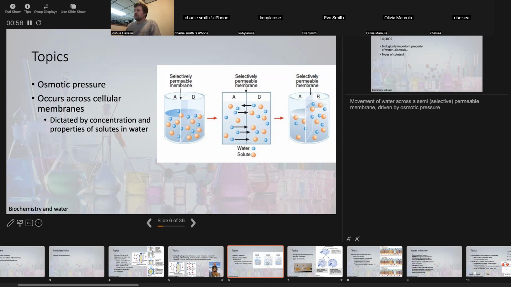So in our little cartoon here, we have an image of side A versus side B. Side B contains more solutes, so this selectively permeable membrane allows water to move towards the portion of the solution that has a higher concentration of solutes until the concentration is equal across that barrier, so it's equal on both sides.